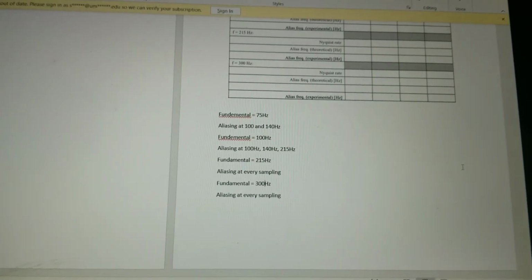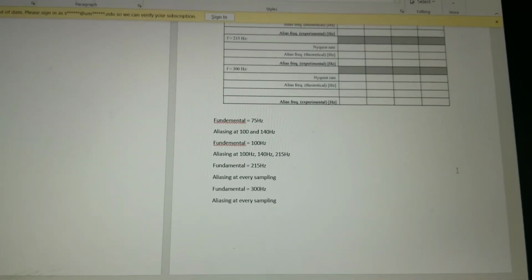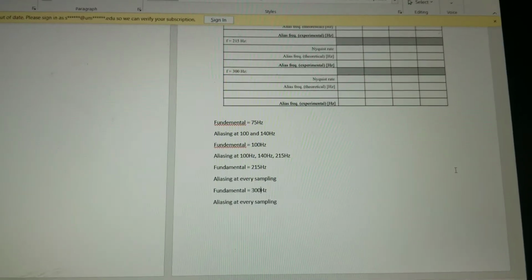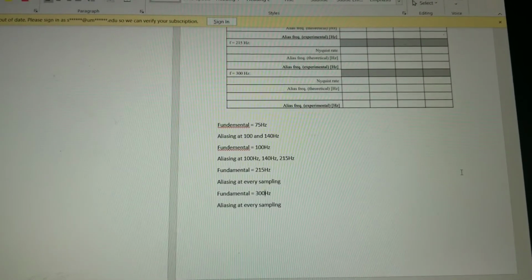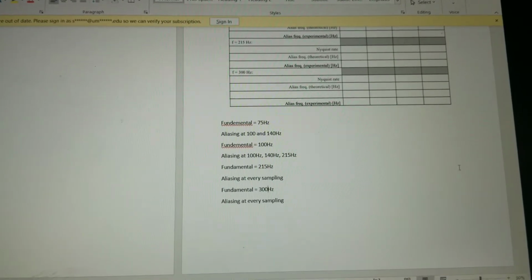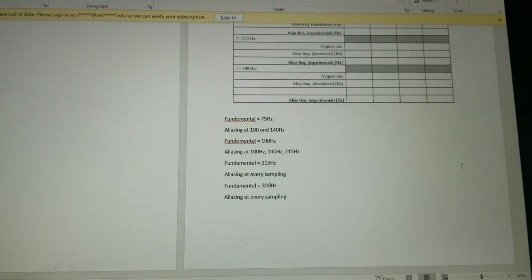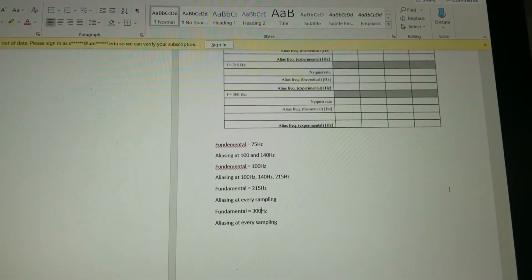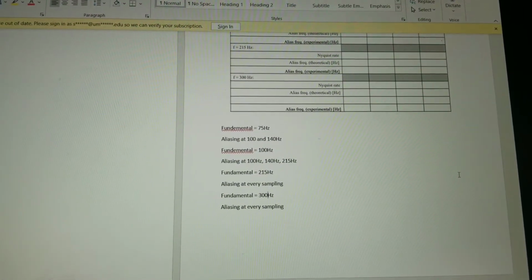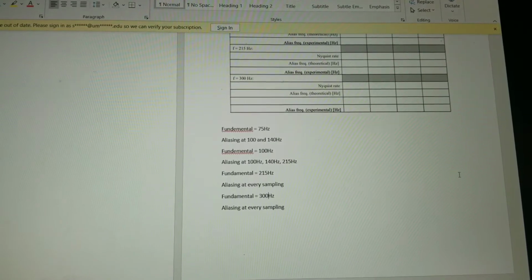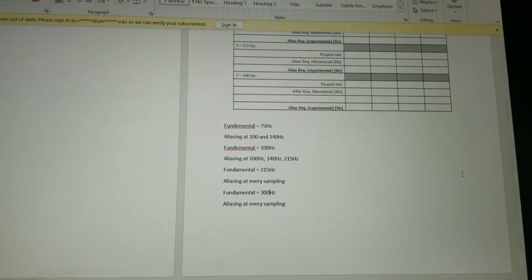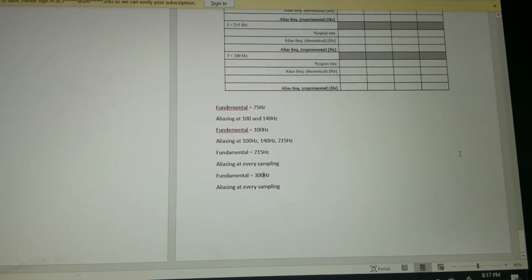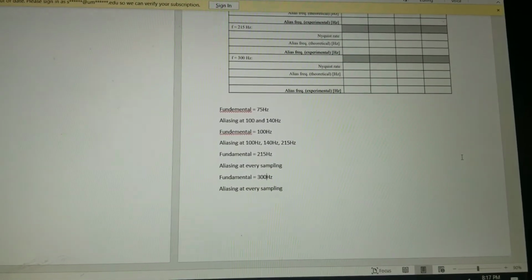For the 100 hertz, I found that there was aliasing when the sampling was 100 hertz, 148 hertz, and 215 hertz. The last one is probably because the actual sampling frequency was more like 184 hertz, I believe. And for both 250 hertz and 300 hertz, there was aliasing for every sampling.